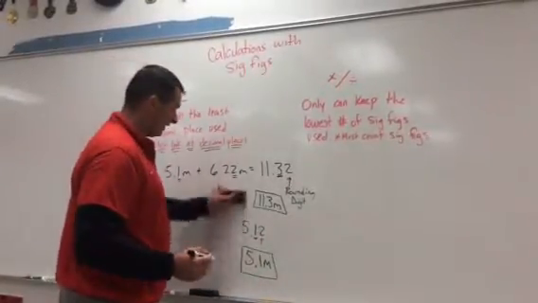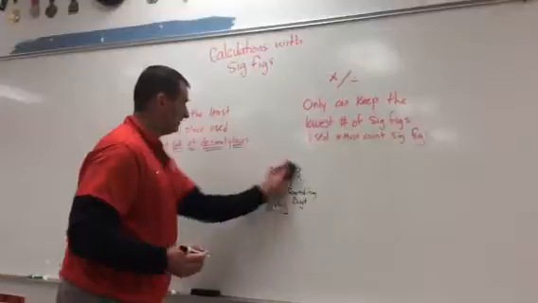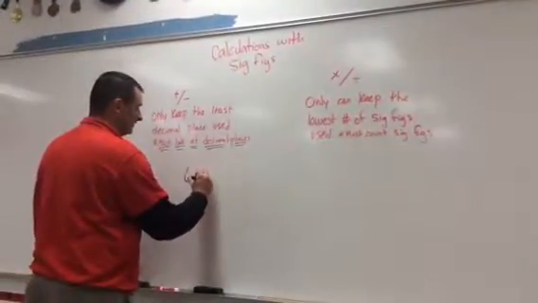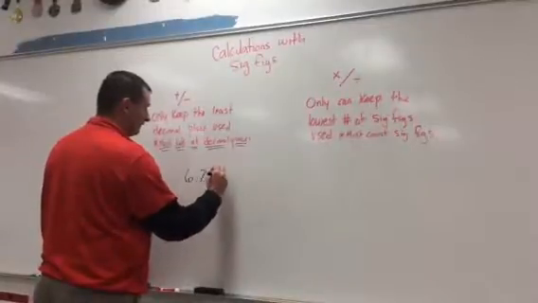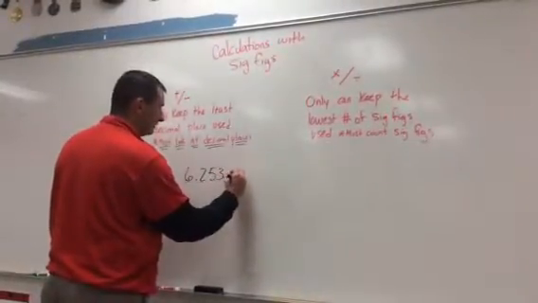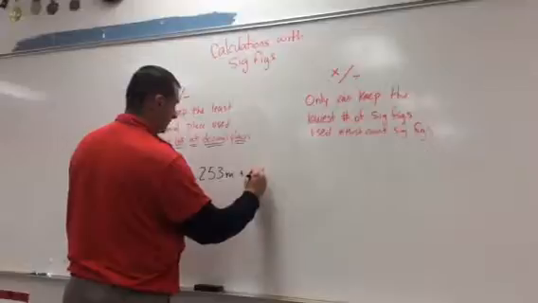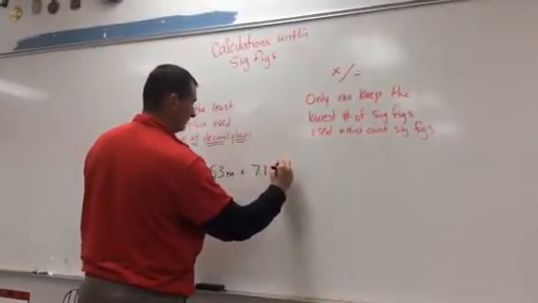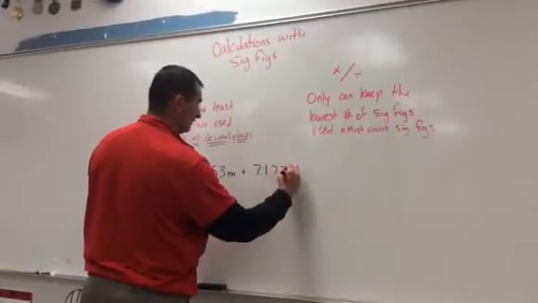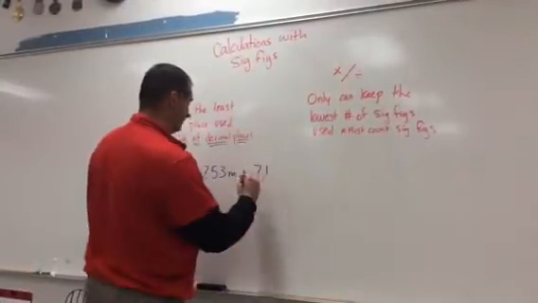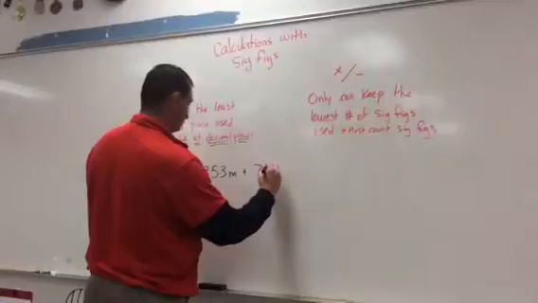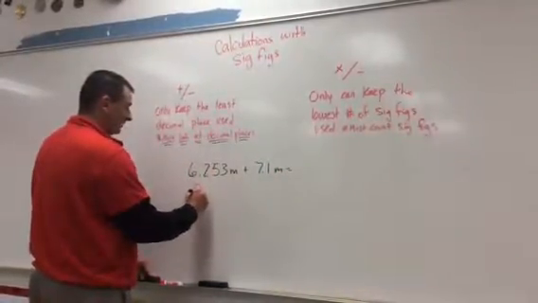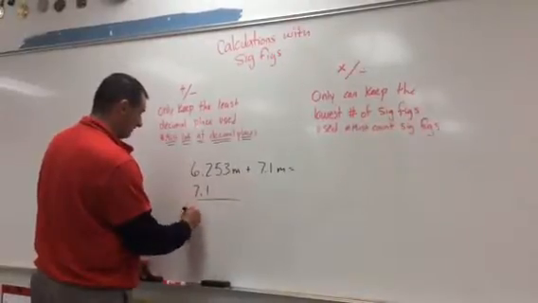So let's do one where the rounding digit does affect it. If I have 6.253 meters plus 7.1 meters, I do the math, I add it up.